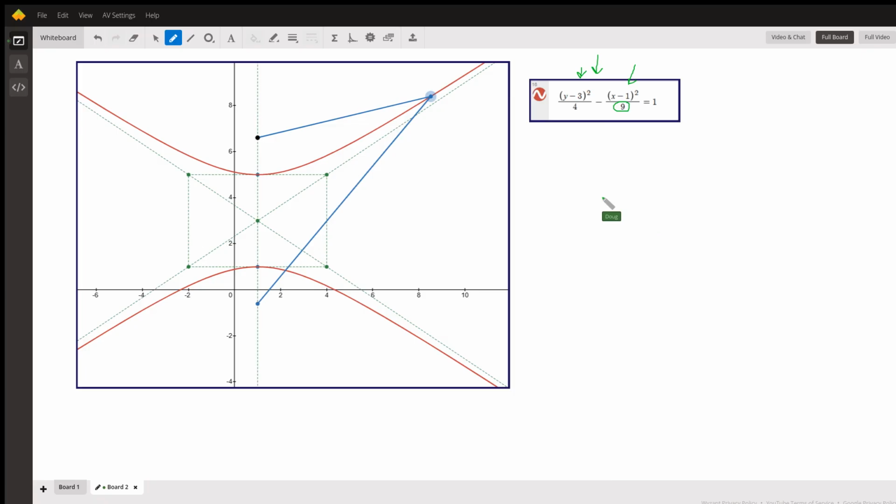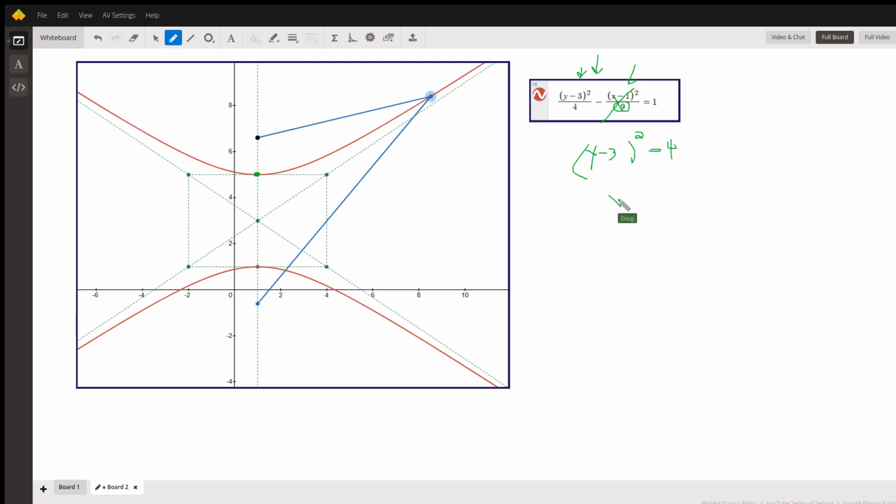And if you let x equal 1, do you see what happens? If x is 1, for this equation, this term disappears. And if you multiply both sides by 4, you get this.